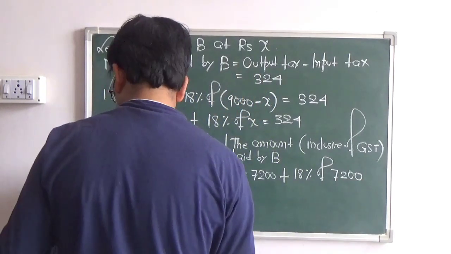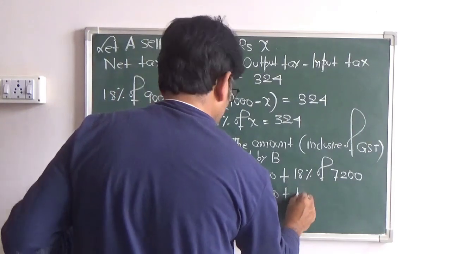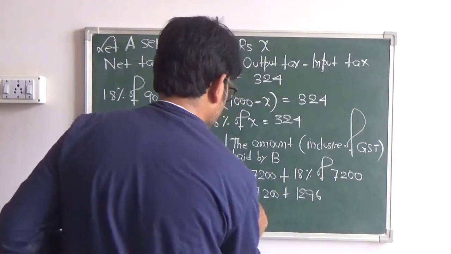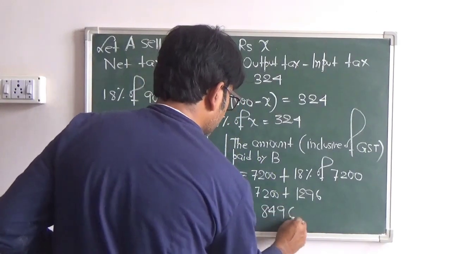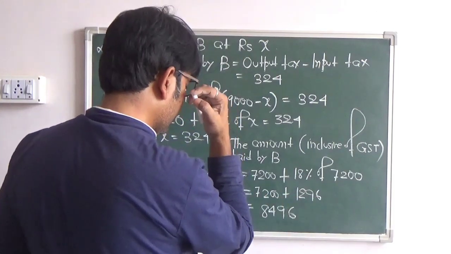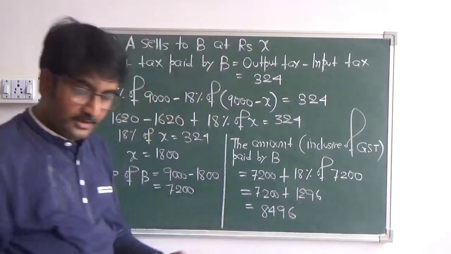That is 7,200 plus 1,296, and that is coming to 8,496.